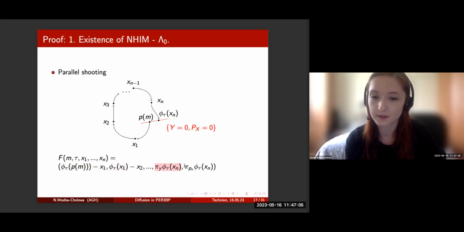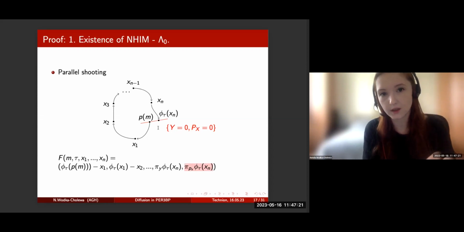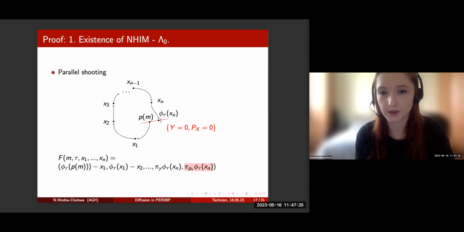And the projection onto y should be small y and this should be small p, of course. And I will do a projection, and this will be 0. So for me, it's important to find 0 of that function, because all the points will be connected, and I will go from section to section.